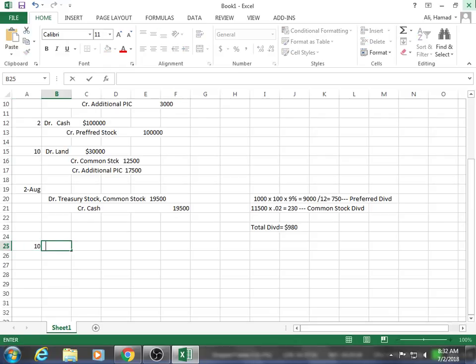We debit cash dividends declared for $980.